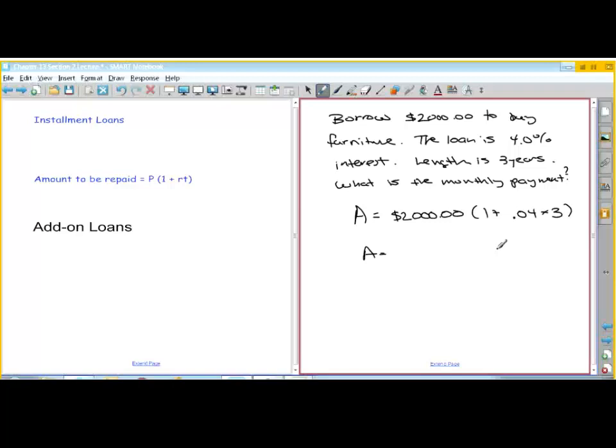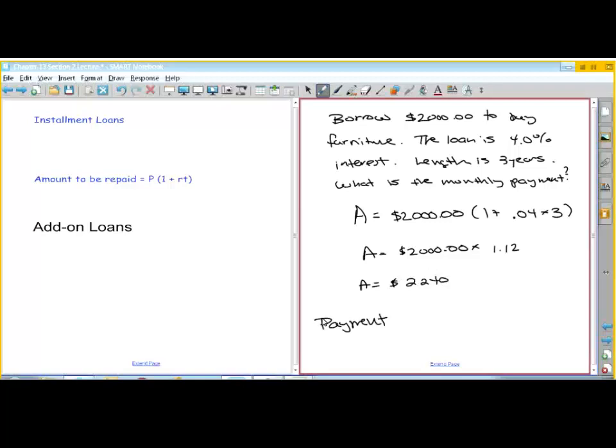So it would be 1 plus 0.04 times 3. So the term in the parentheses is 1.12. So multiply 2,000 times 1.12, and we get $2,240. So I'm paying $2,000 plus $240 interest.